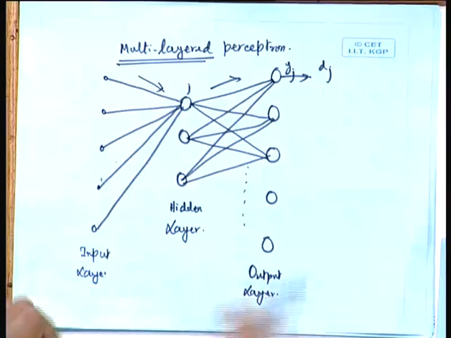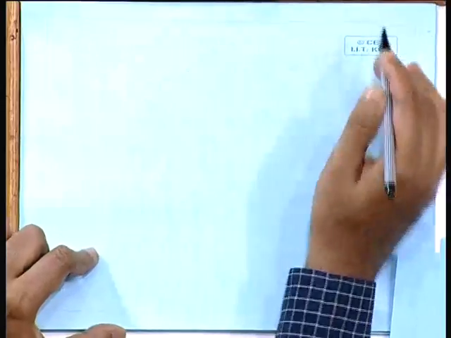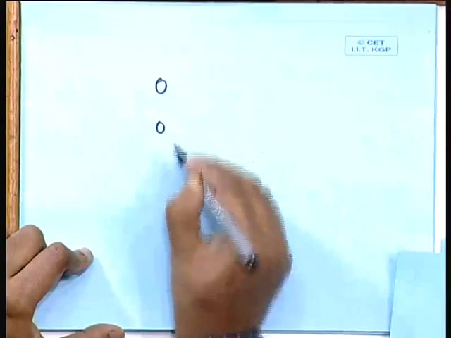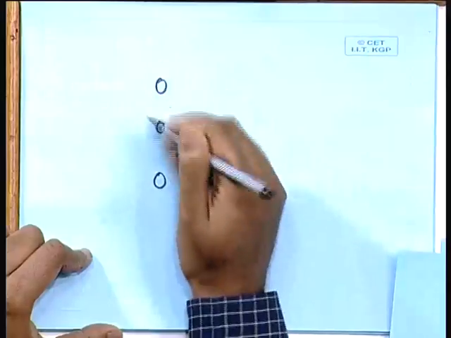In fact, it should look something like this. Let us say that we have got 3 neurons. Let us say these are the last hidden layer, the hidden layer that is closest to the output layer. This is an output layer neuron, let us say, connected to 3 hidden layer neurons.